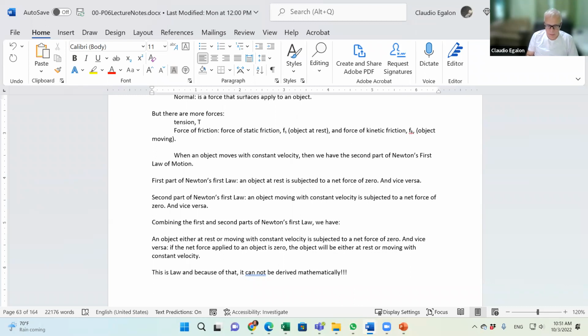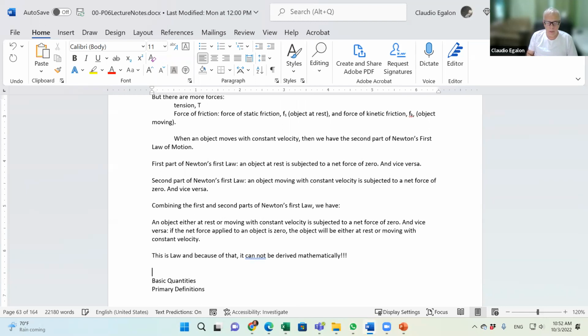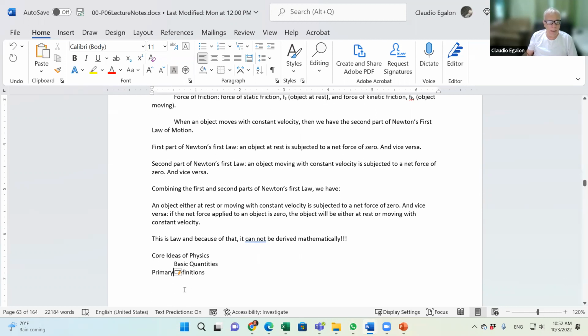Remember, we started with the basic quantities, then I introduced you to the primary definitions, the core ideas of physics, and now I'm introducing you to the first law of physics.